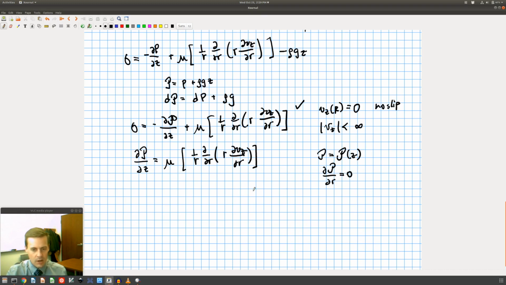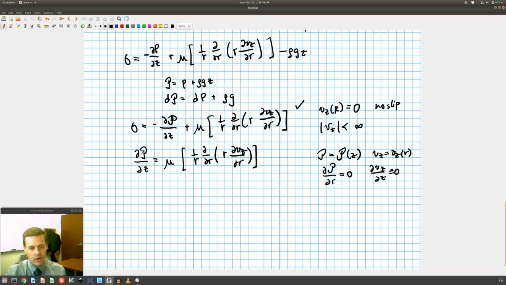And this guy over here, I told you that Vz is a function of r, not a function of z. So that means that dVz/dz equals 0. Well, if that's true, if I took the r derivative of this side and the r derivative of this side, I'd still get a function over here, but that would equal 0.